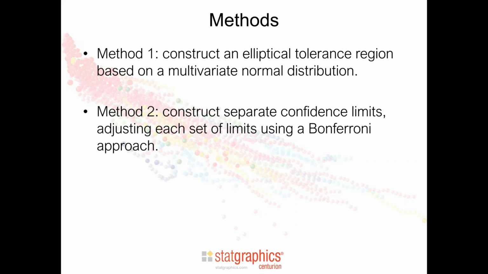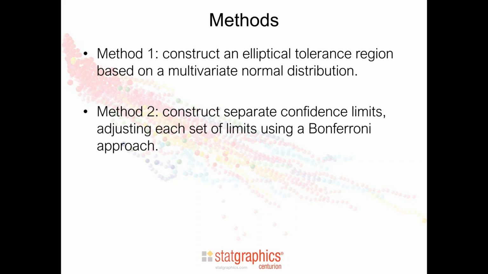So I can construct a region where I miss 0.5% with respect to strength and 0.5% with respect to diameter, and know that I have at least 99% of the observations in a joint sense.